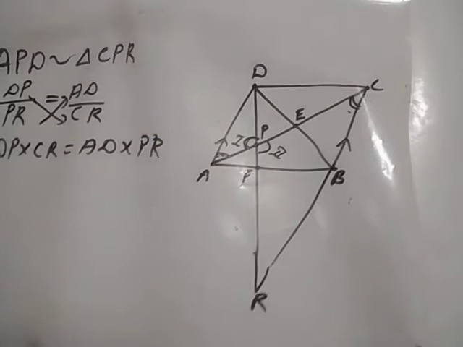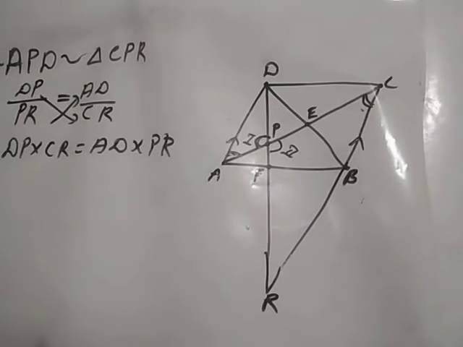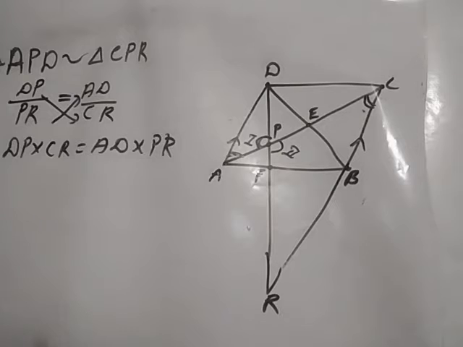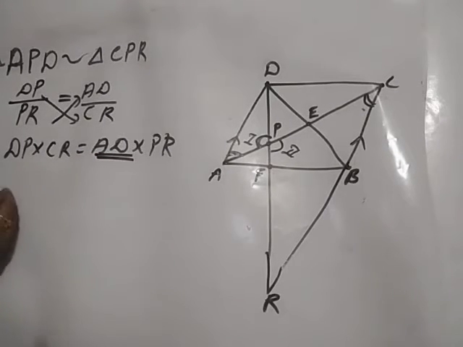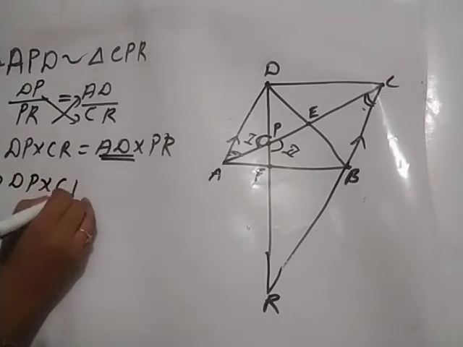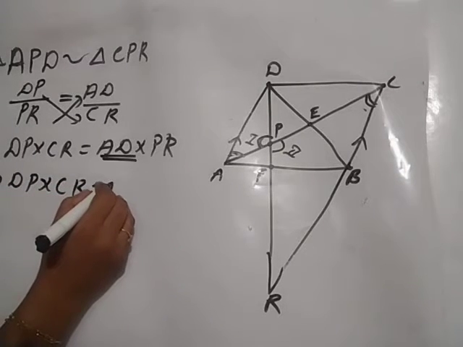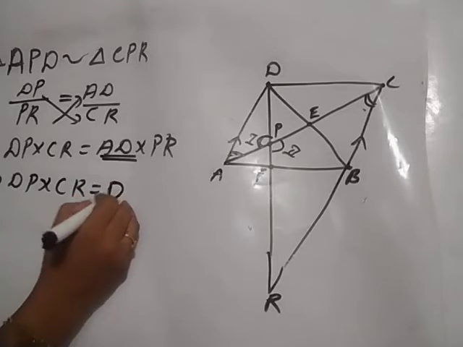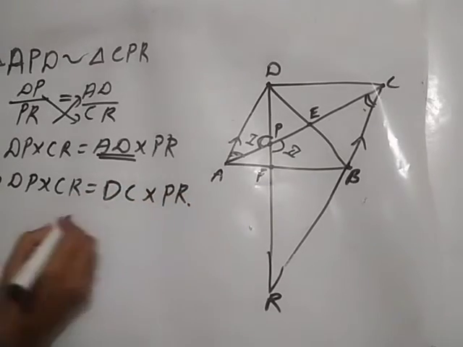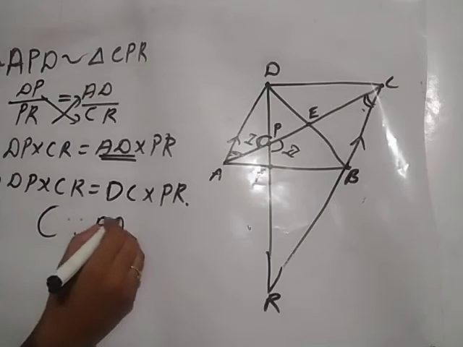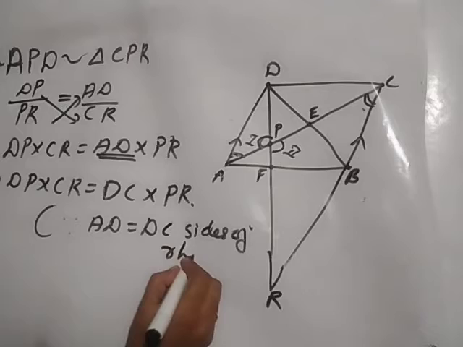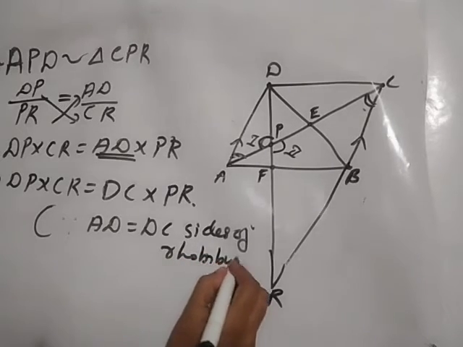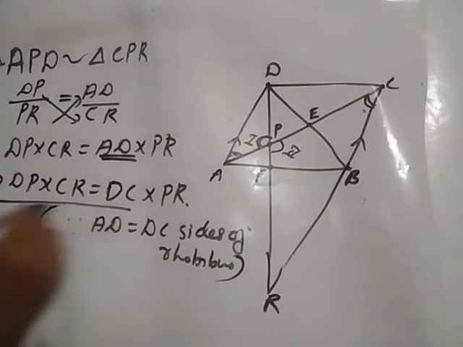We got the proof? No. Why? There is a change. DP into CR equal DC into PR. Here we got AD. Can we replace this? Yes. What is the reason? AD is equal to DC, sides of rhombus. We already wrote that. So they are equal, we can replace, hence we proved this.